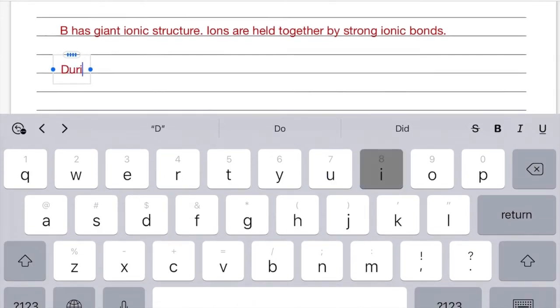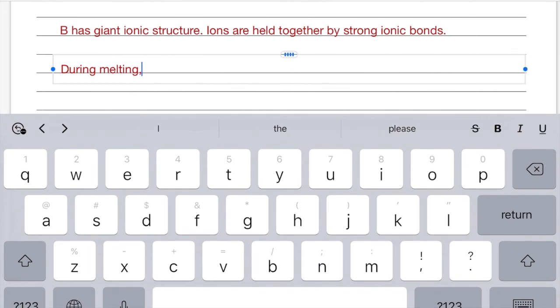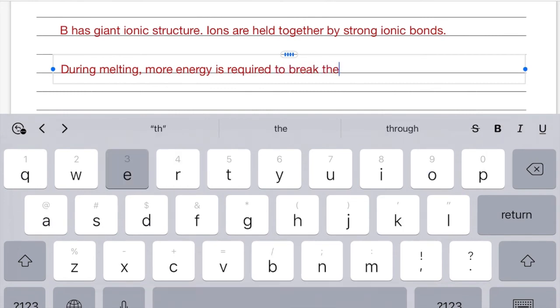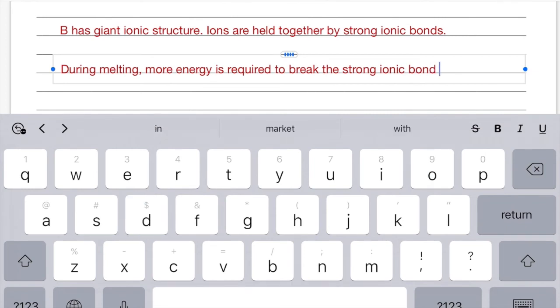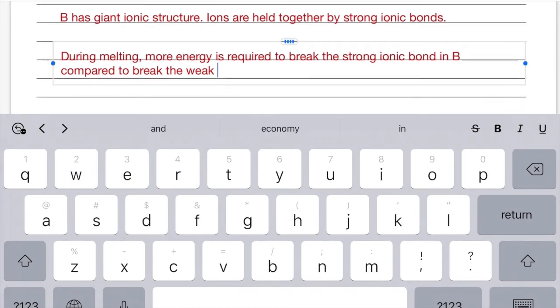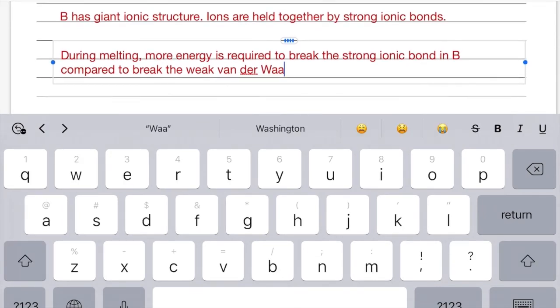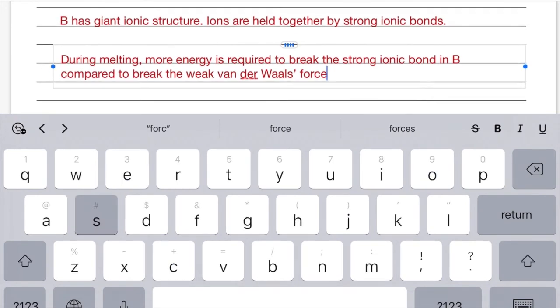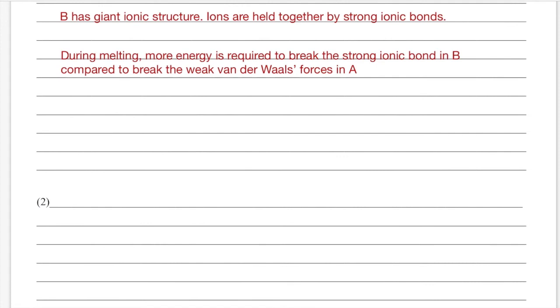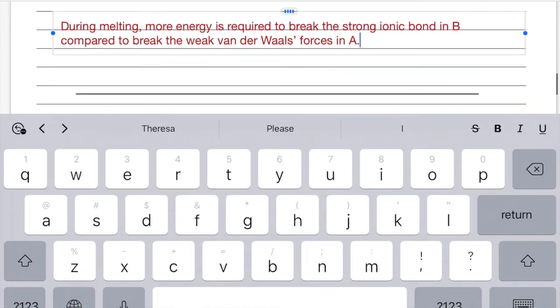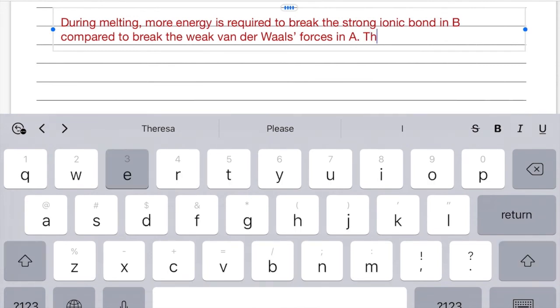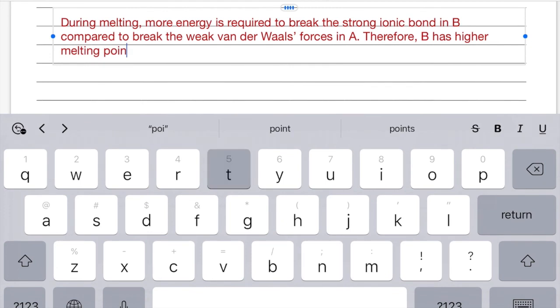So we're going to say during melting, more energy is required to break the strong ionic bonds in B compared to breaking the weak van der Waals forces in A. Okay, therefore, B has higher melting point than A.